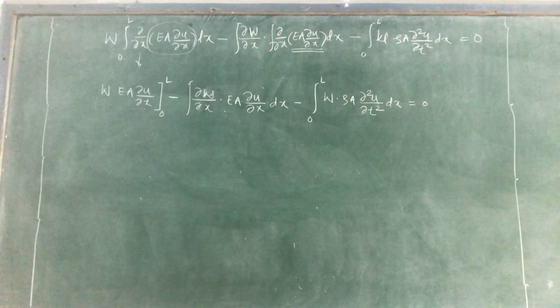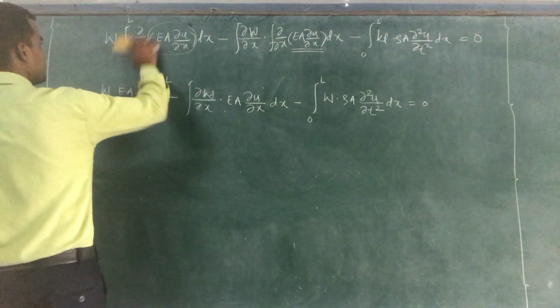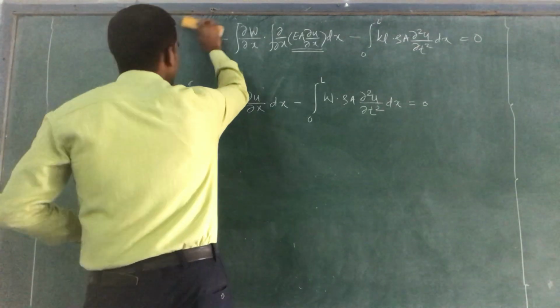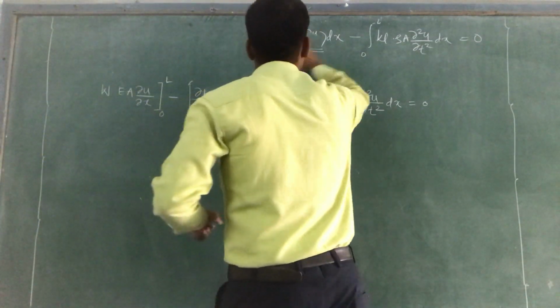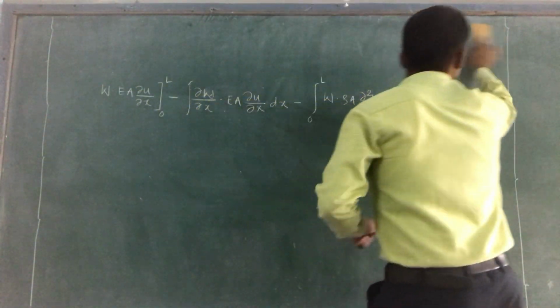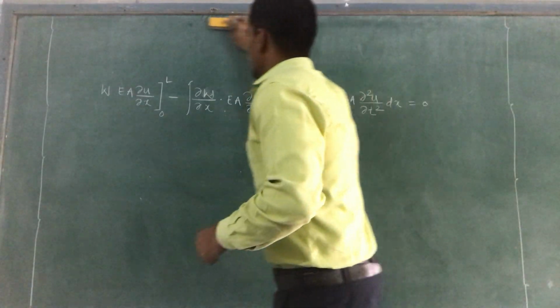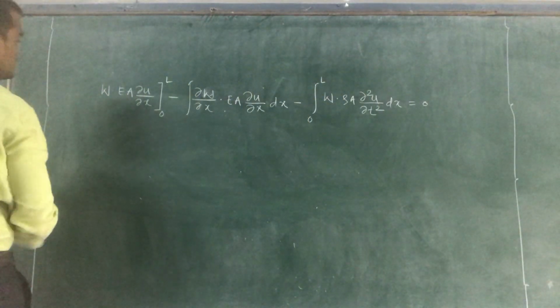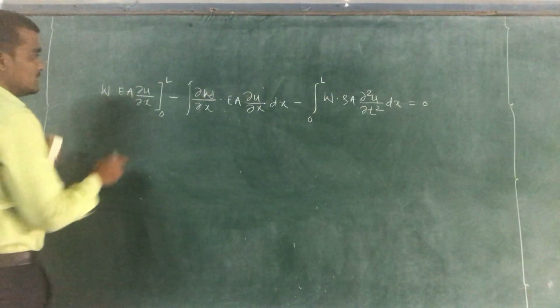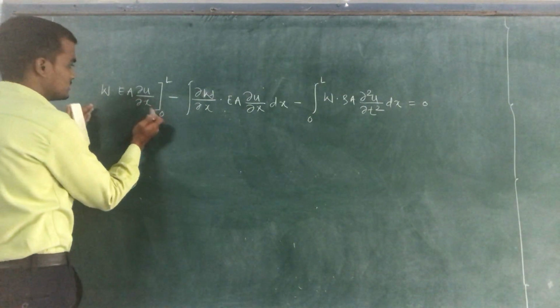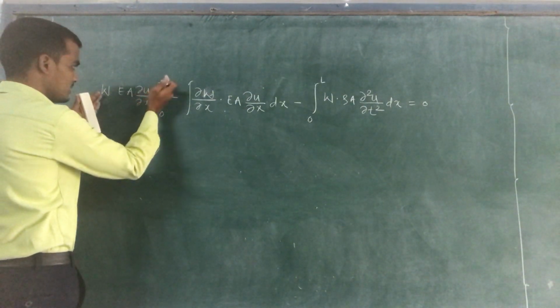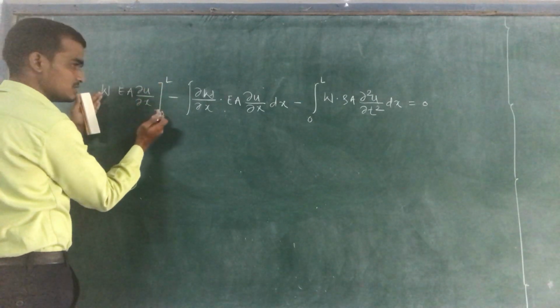Okay, now we need to write this in terms of w1 and w2. As we know, this can be written as this term at L minus this term at 0.